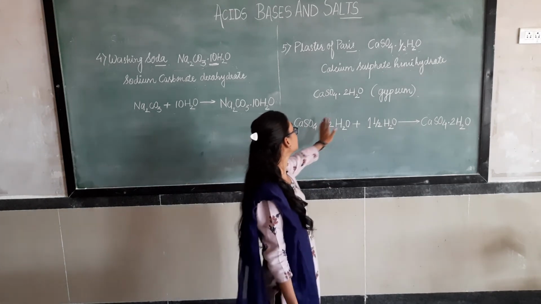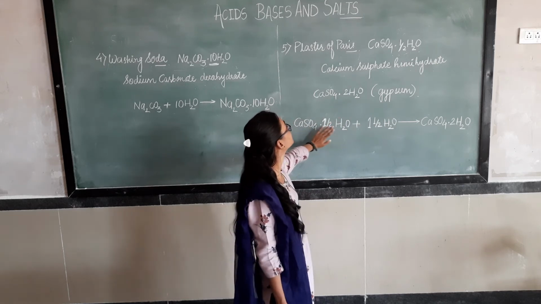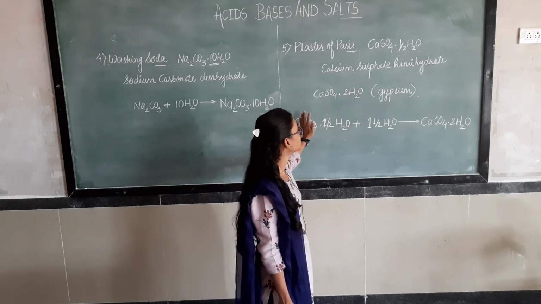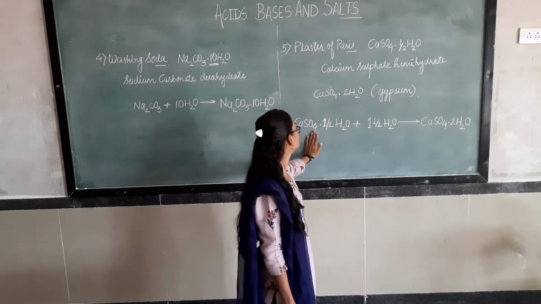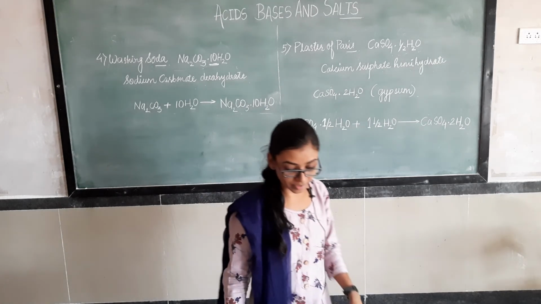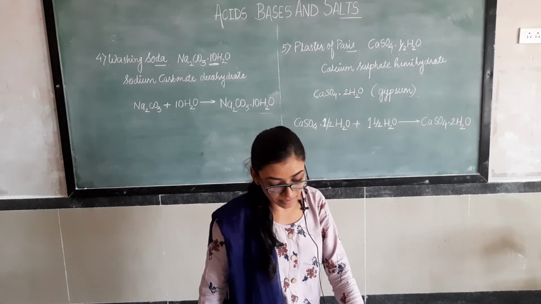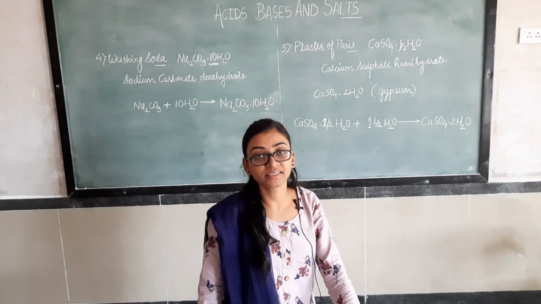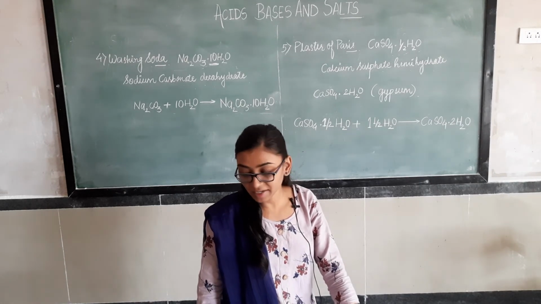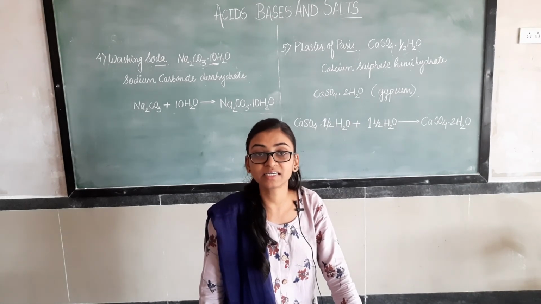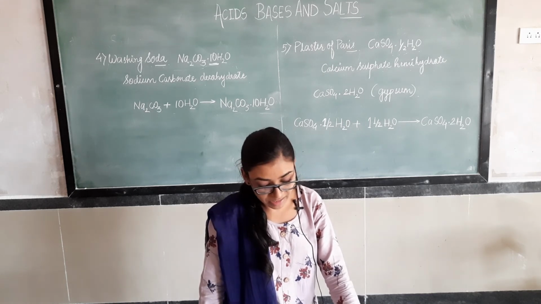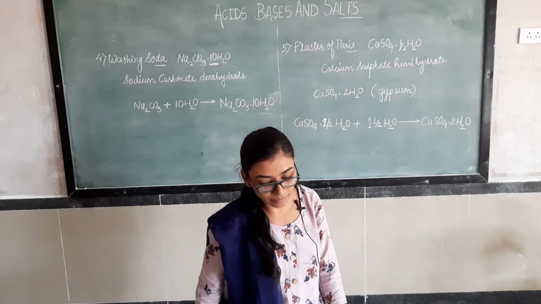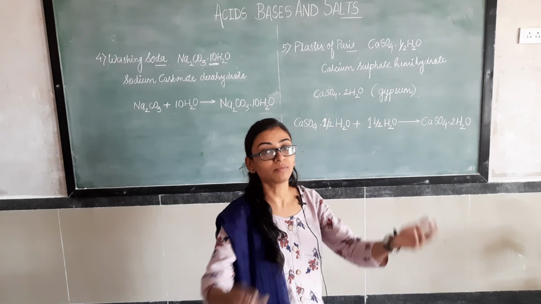So what is happening here in the formation of calcium sulfate hemihydrate? This gypsum is prepared. How is gypsum prepared? When we are heating gypsum at 100 degrees centigrade, which means 373 Kelvin, it loses some water molecules.